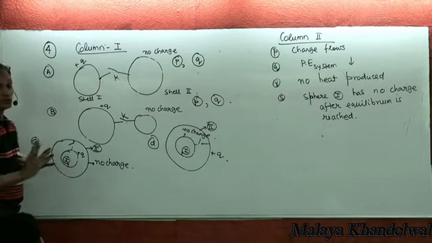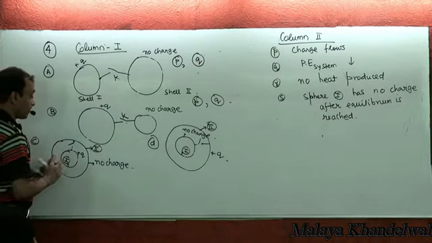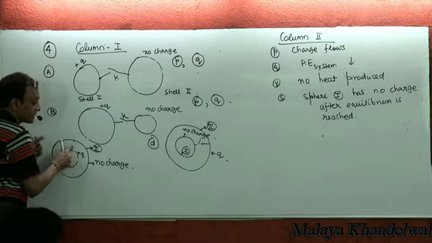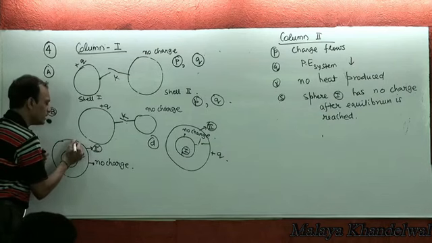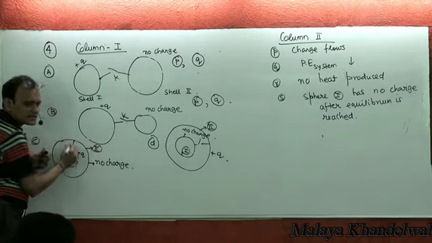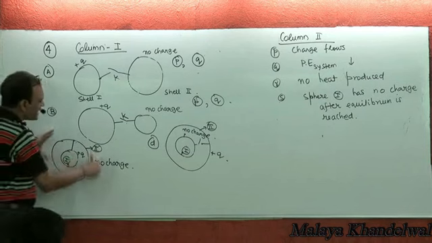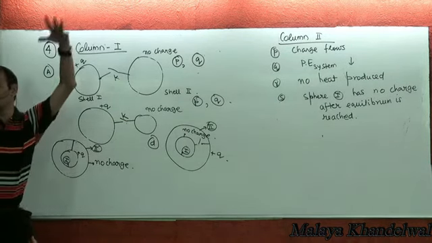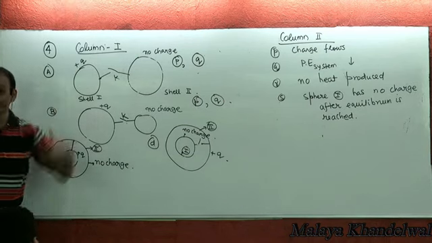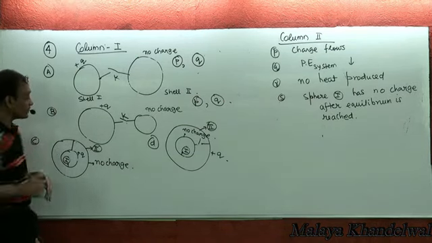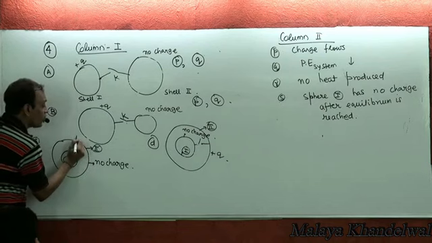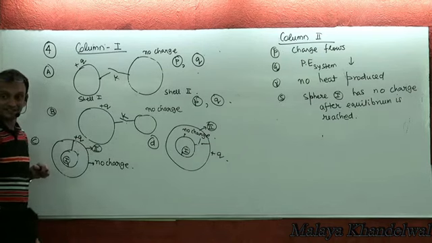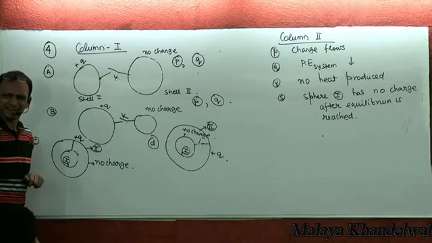Now, look, when I join these two this time, if you recall, this entire thing would be like one single conductor. The entire charge will go on to the outer surface. Remember this? This discussion took place. So this entire charge would flow on to the outer surface. Remember that?